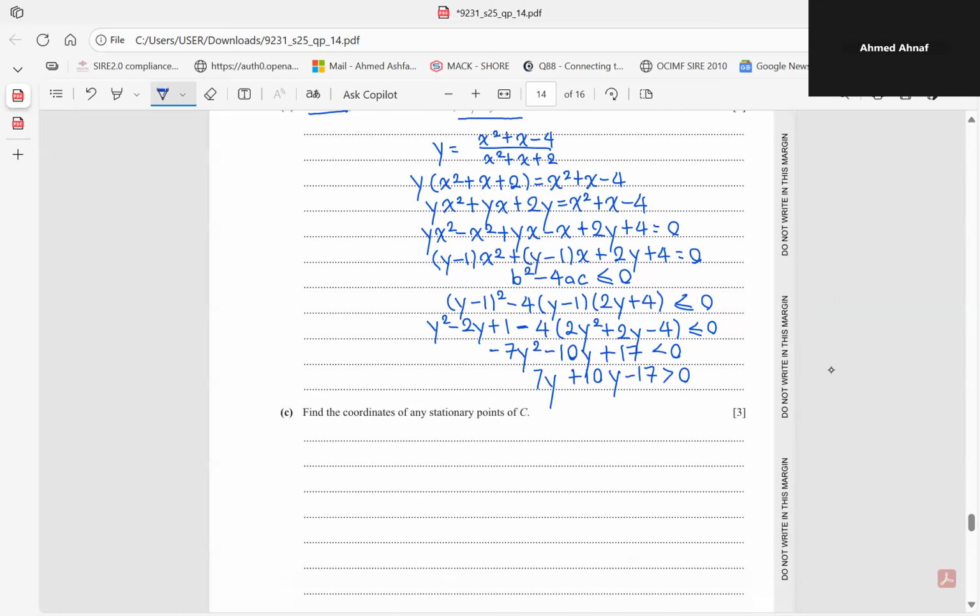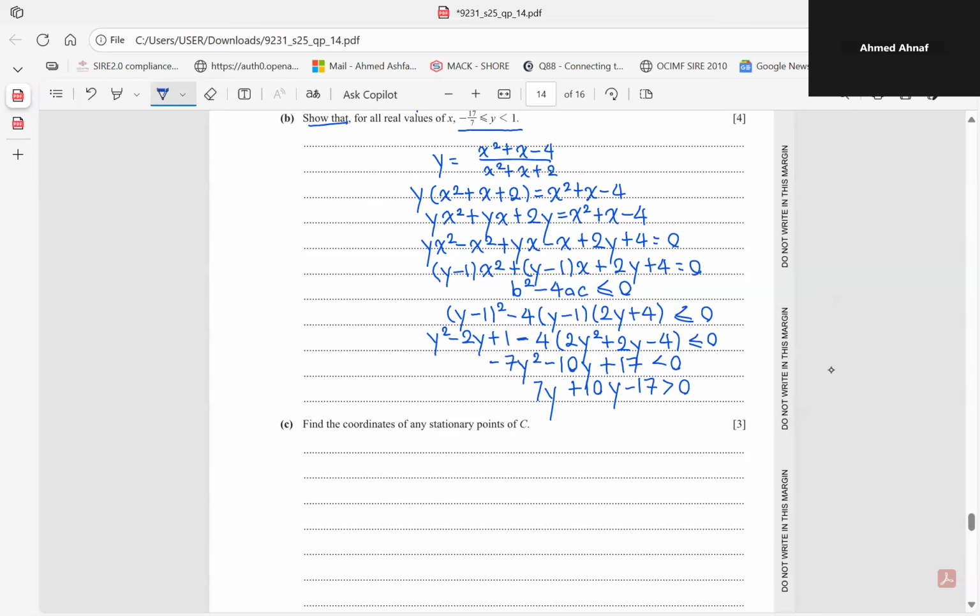Okay, so to solve this inequality, let's first try factorizing it. Should be able to factorize it. Yeah, so we got (y minus 1) and (7y plus 17) more than 0.